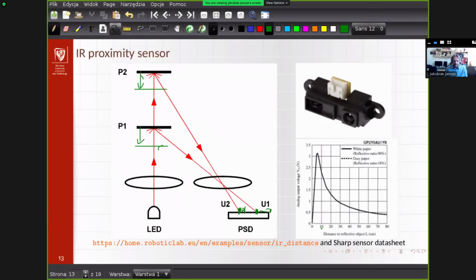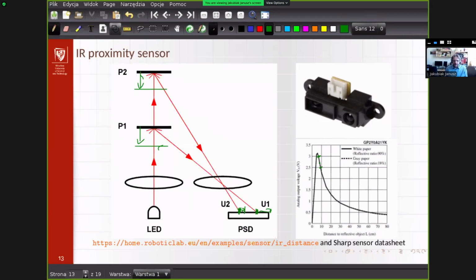And as you can compare, for example, the change between 3 and 2.5, this is an analog output, so you have just an output in volts.